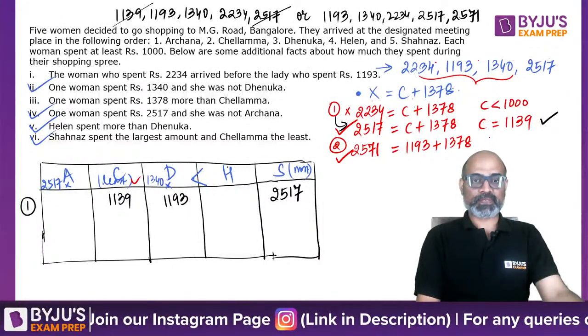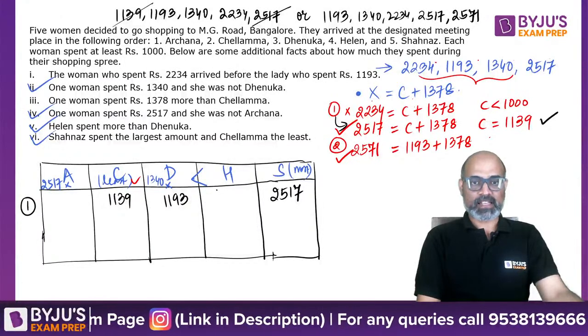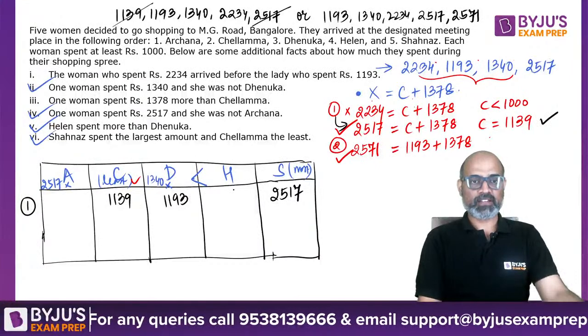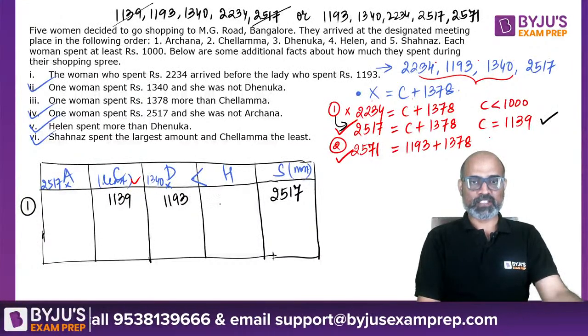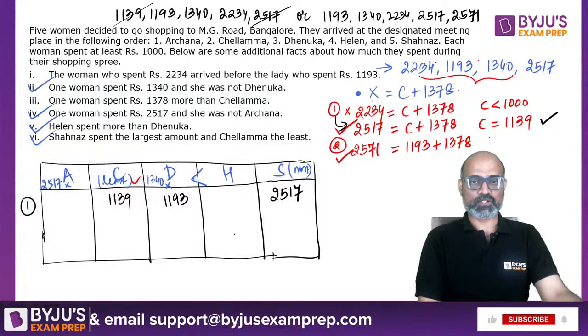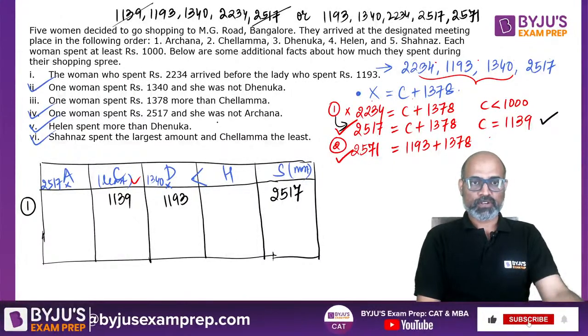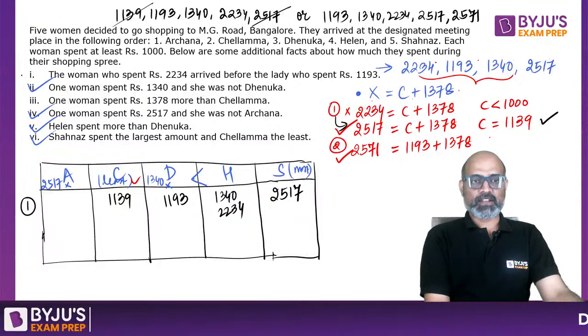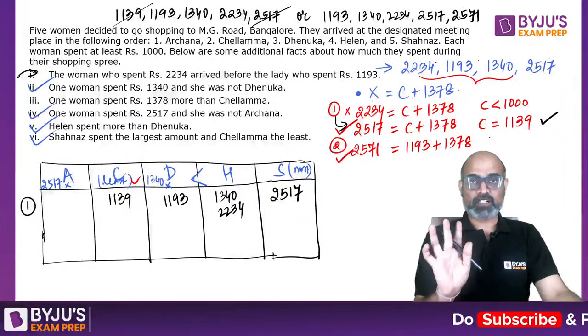And H is going to be more than 1193. So it can be 1340 as well as 2234. Right? So there are 2 possibilities. It can be 1340 or 2234. If you remember, the first statement we had not covered.